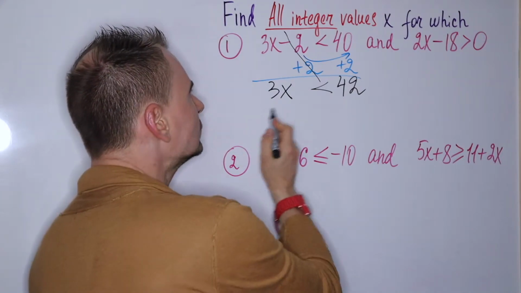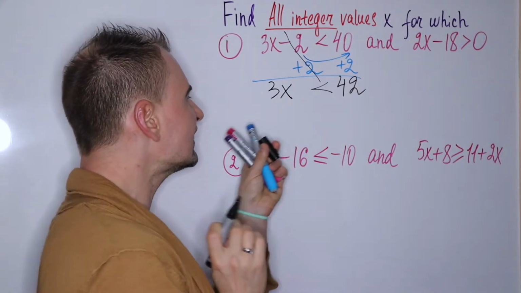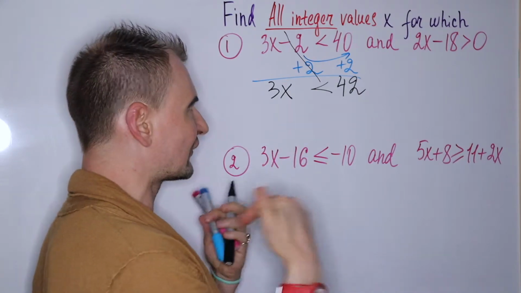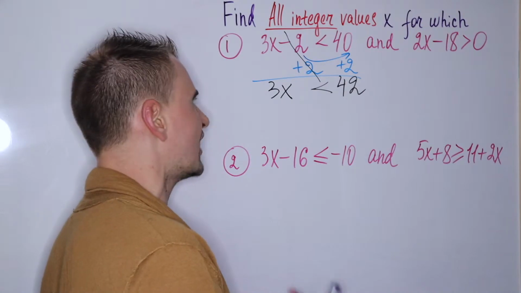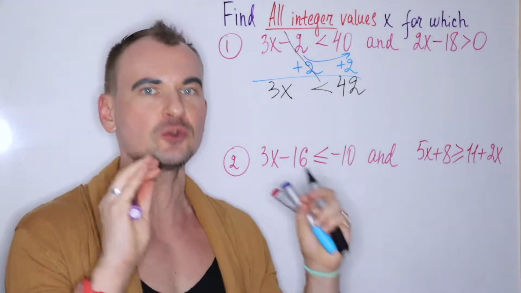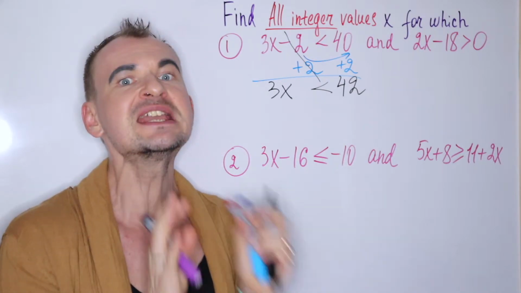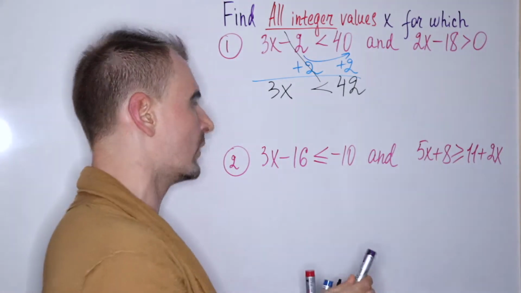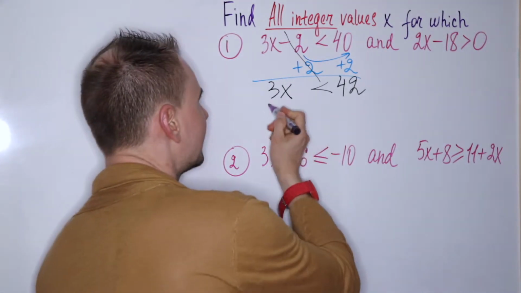Now, you want to isolate your x. Whatever is attached to your x, in this case it's 3, divide through both sides of your inequality. Also keep in mind, what you do to one side, you have to do to the other side of your inequality. Keep it balanced, so you don't change the overall value of your inequality. So you divide by 3 on both sides.